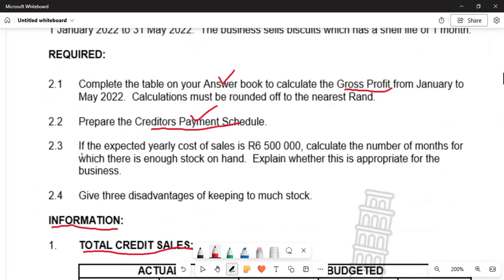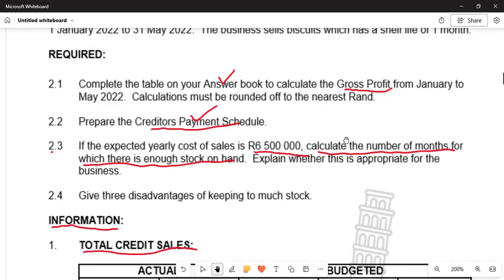So now we are asked to calculate the number of months which there is enough stock on hand, or explain whether it is appropriate for the business. The statement was written as follows: if the expected yearly cost of sales is 6,500,000, calculate the number of months which there is enough stock on hand, and then explain whether this is appropriate for business. That is what we are asked to do.